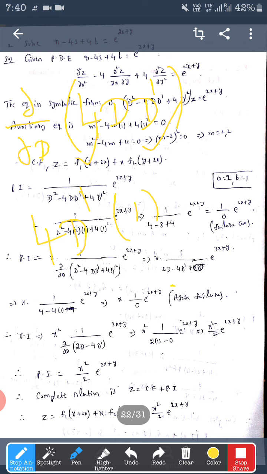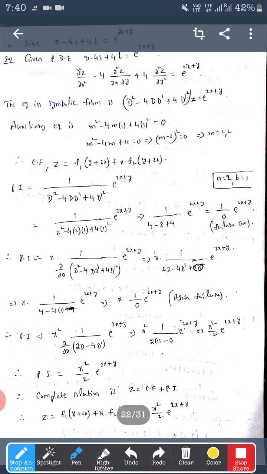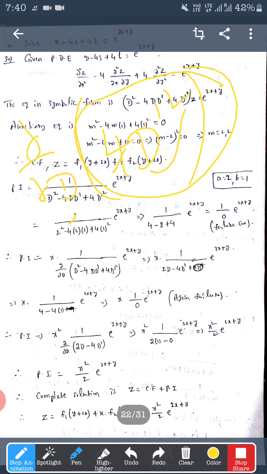So this becomes 4D dash. Next, dou by dou D of 4 D dash square. Here 4 is constant, D dash is constant, and D dash square is also constant. Therefore, this whole term becomes 0.